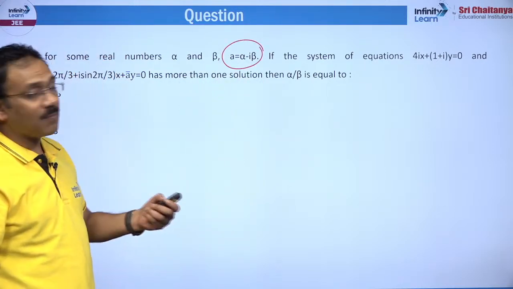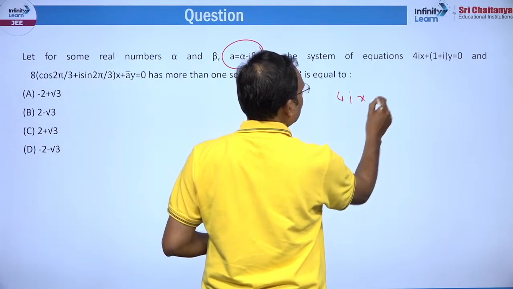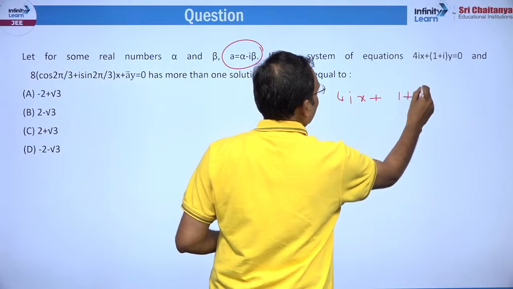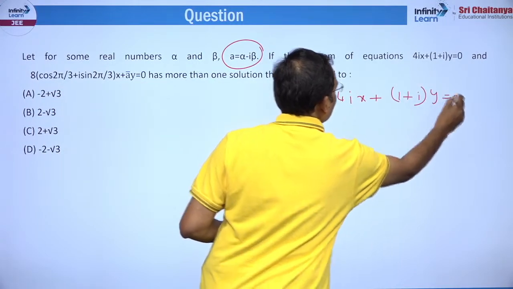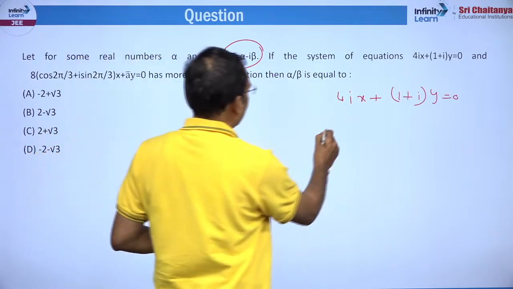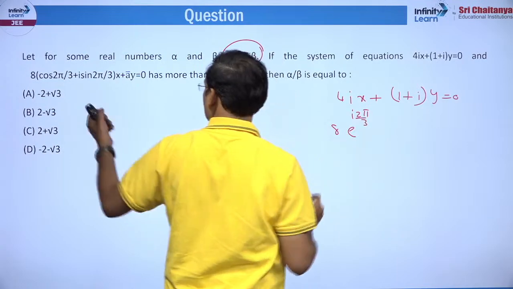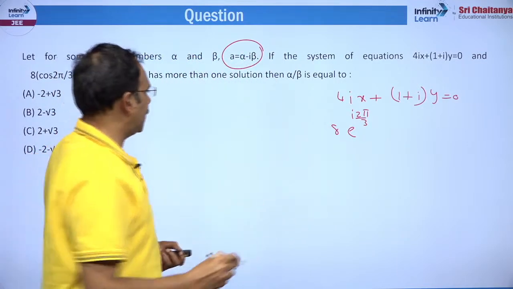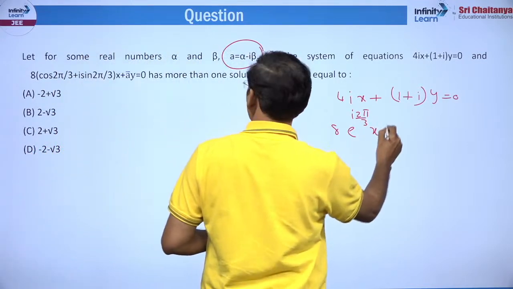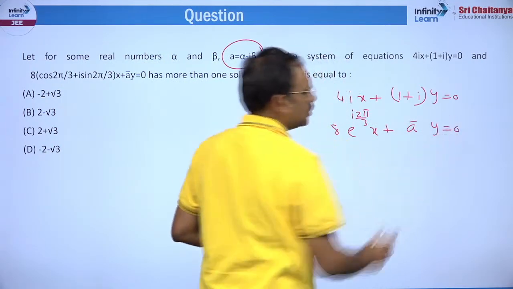Now, the system of equations: the first equation is 4i into x plus (1 plus i) into y, a linear equation in x and y. The second equation is 8 times e power i 2 pi by 3, which you can write as cos 2 pi by 3 plus i sin 2 pi by 3, into x plus a bar into y equal to 0.